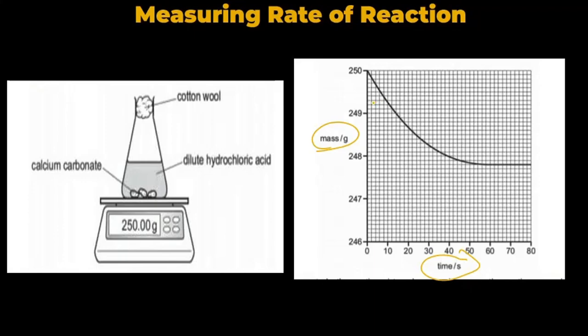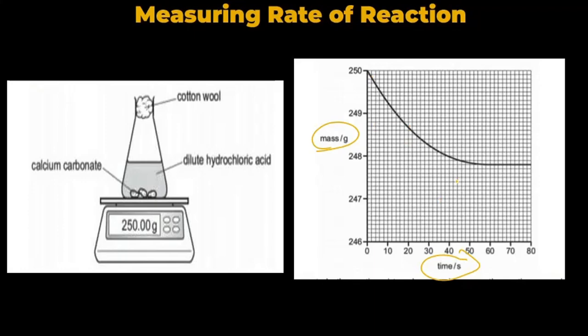So the mass of the reaction vessel and its content will be at its maximum. Now, as time progresses, the mass will begin to fall. Why? Because we are losing carbon dioxide. So this is not an isolated system. The gas is able to go off. So we measure the mass with respect to time.